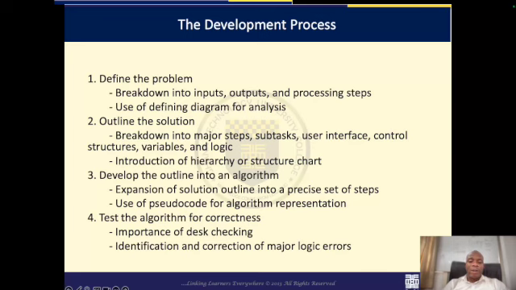After testing the correctness of the algorithm, this is where you put in data to make sure that what you think the solution should be should actually give you the desired results. It is only after testing the correctness of your algorithm that you should now start typing code. Once you type this code, you run it on a computer, and then after running it on a computer, you realize that everything is working as expected.